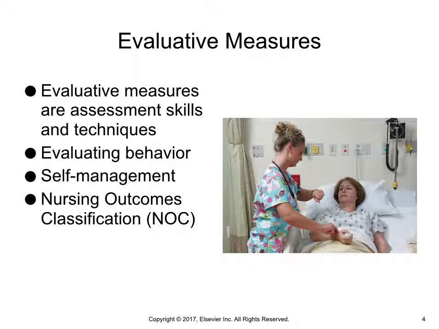To define and test measurement procedures for the outcomes and indicators using clinical data. For each outcome, there are specific recommended evaluative measures, called evaluation indicators. For example, the patient's physical condition, behaviors, or perceptions that are measures of outcome achievement.